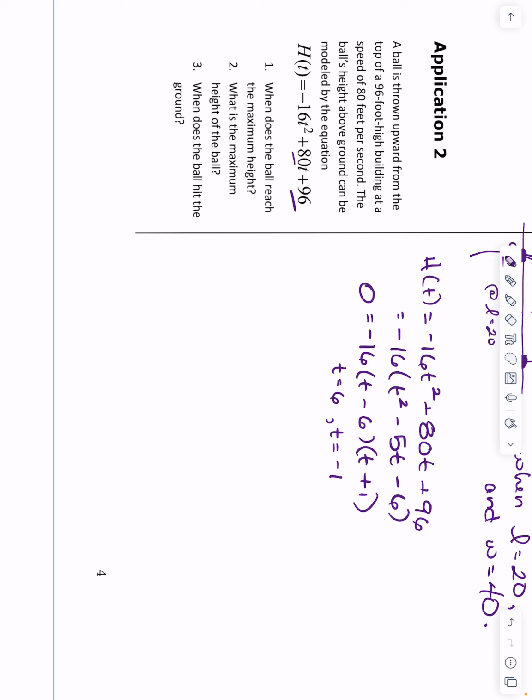It doesn't make any sense to say it hit the ground 1 second ago. So 3, the ball hits the ground at t equals 6 seconds. Sorry, I was thinking it but not saying it out loud.